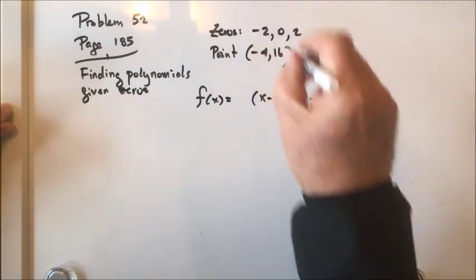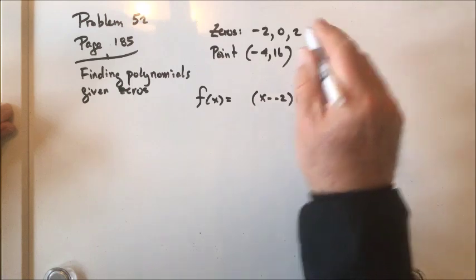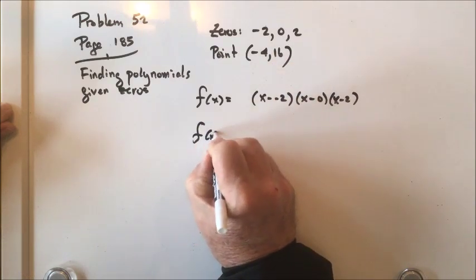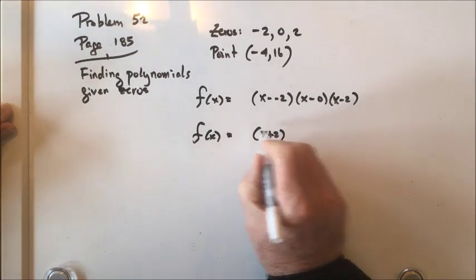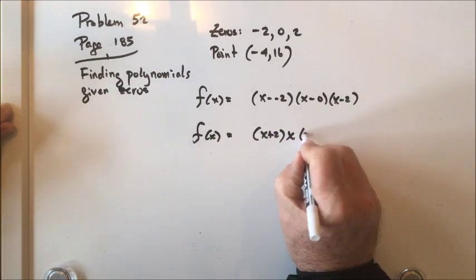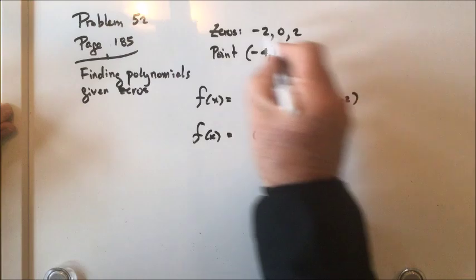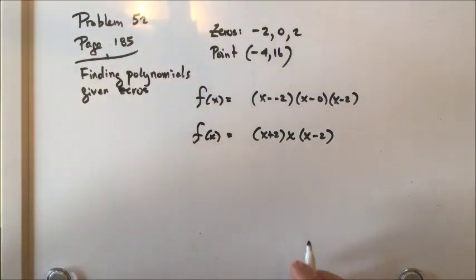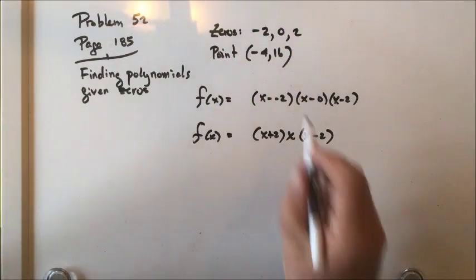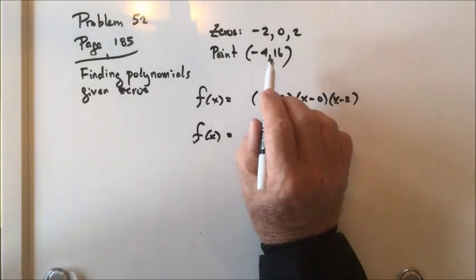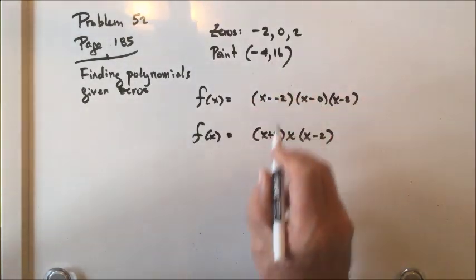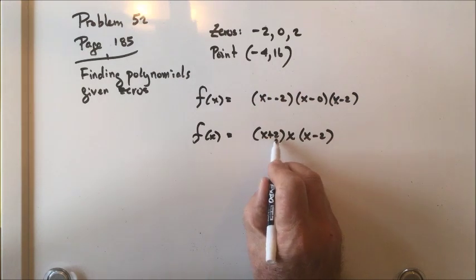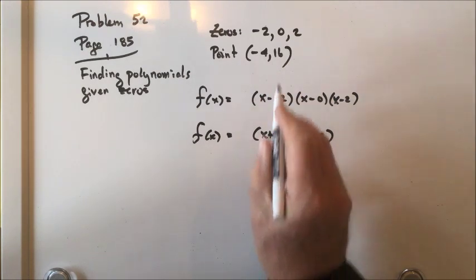Associated with this 0, and this 0. So if I just clean that up a little bit, here's a polynomial, x times x plus 2 times x minus 2, that goes through these 3 points, a third order polynomial. The problem is it doesn't necessarily go through the point minus 4, 16. I'll show you that really quickly. If I put minus 4 in here, minus 4 plus 2 is minus 2.